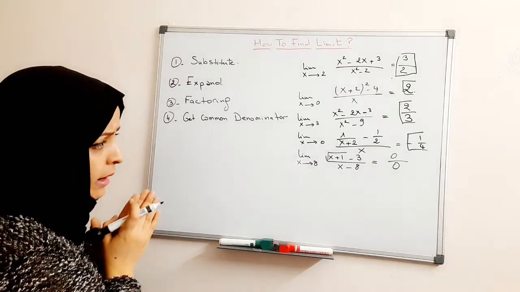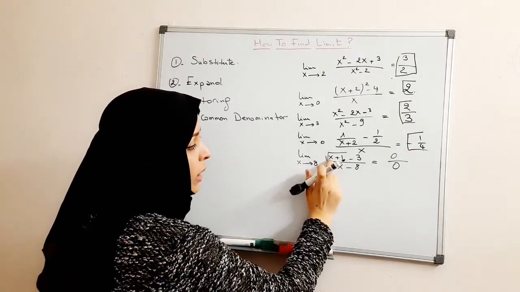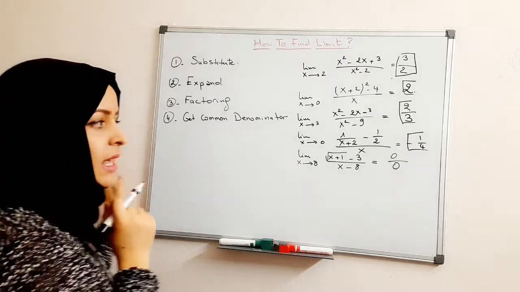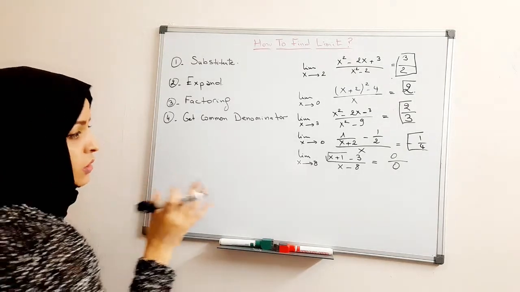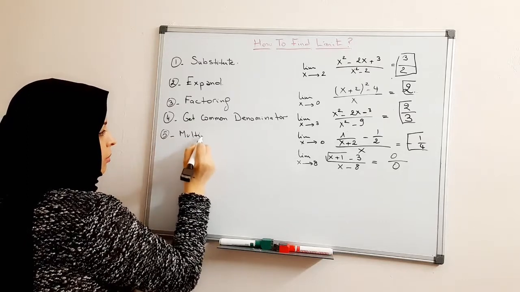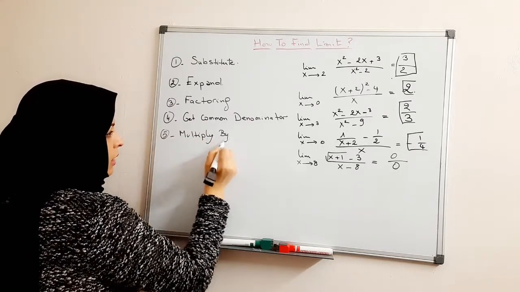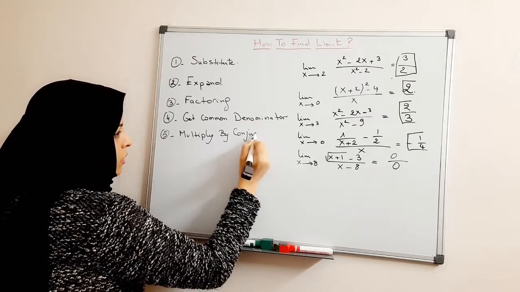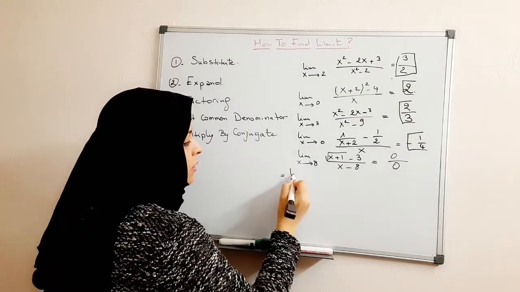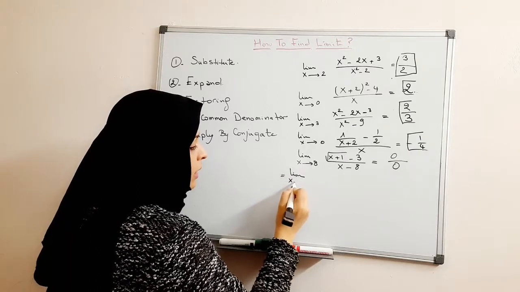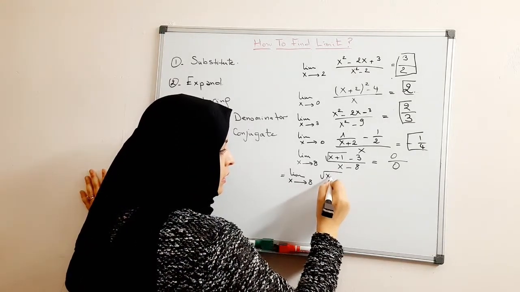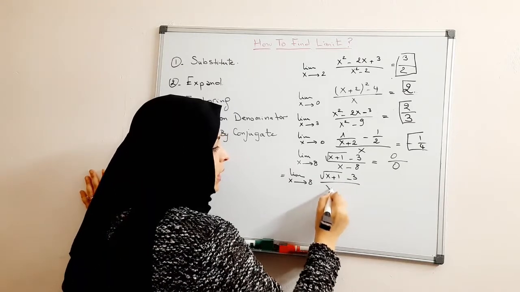So since we have a square root in the numerator, the first thing we think about is to multiply by the conjugate.